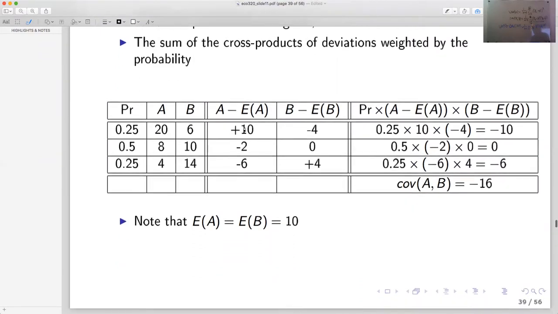But now you multiply, and then you multiply by the probability over here. That's why you don't divide by n minus 1, because in probability we are weighting this. That is implicitly dividing the numbers. So since we are dealing with probability, we multiply. That means we are technically dividing, but with some kinds of weights.